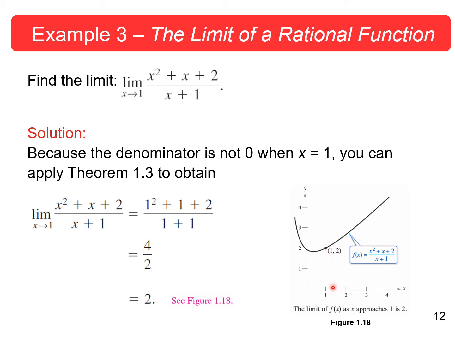And if you check graphically the limit of the function as x approaches 1, either from the left or from the right, you'd see that the values approach this one. So the y values approach 2. The graph approaches this point here, and that corresponds to f of x equals 2, or y equals 2.